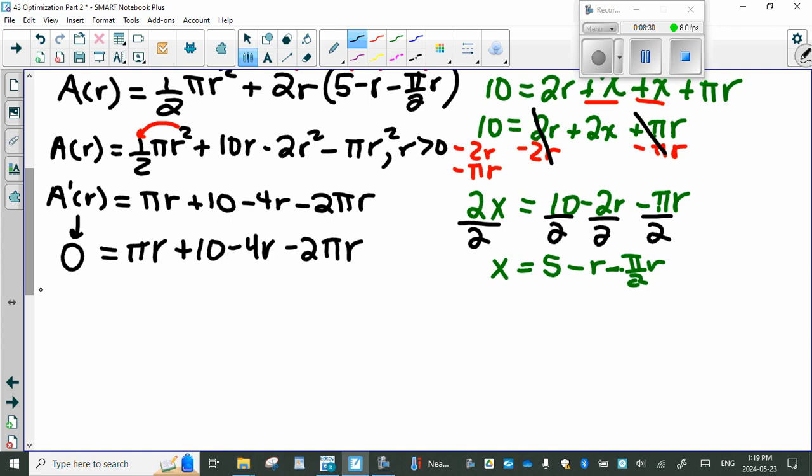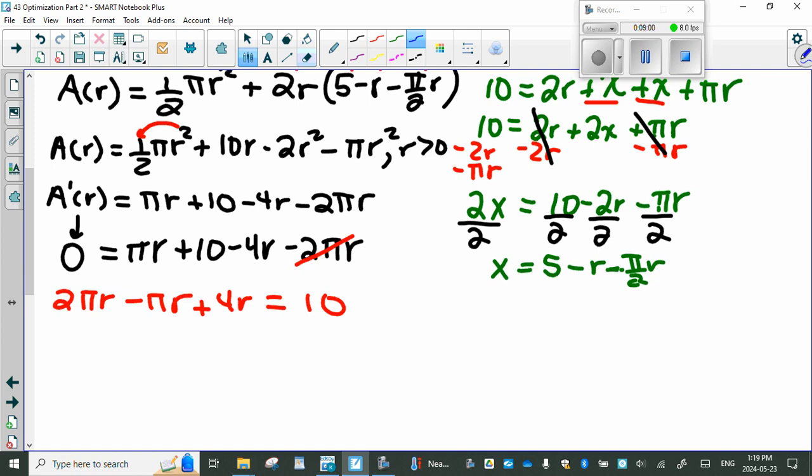I'll keep the 10 positive, so I'm going to add 2 pi r over here. Subtract pi r, so it's over here, and add 4r. And then the only thing left on this side will be the positive 10.